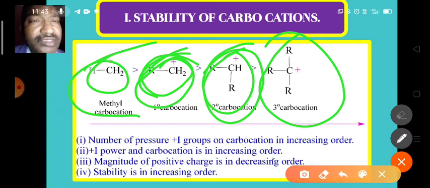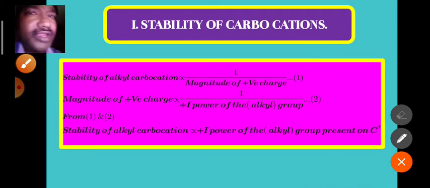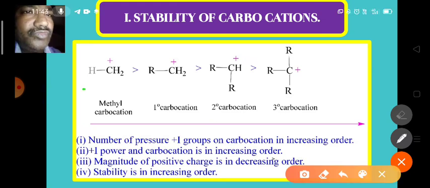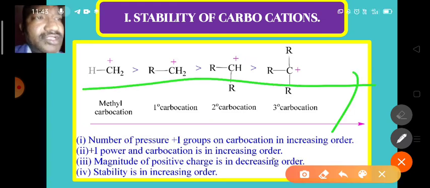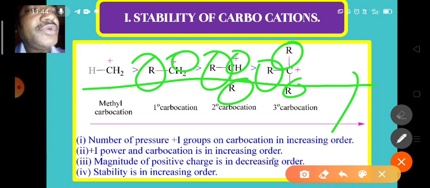So when we move from the methyl carbocation to the tertiary carbocation, the number of alkyl groups is increasing on the carbon which is bearing the positive charge.